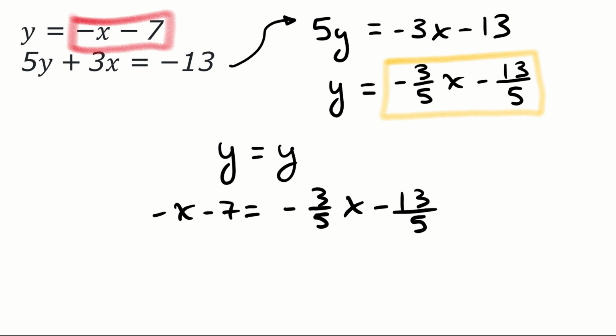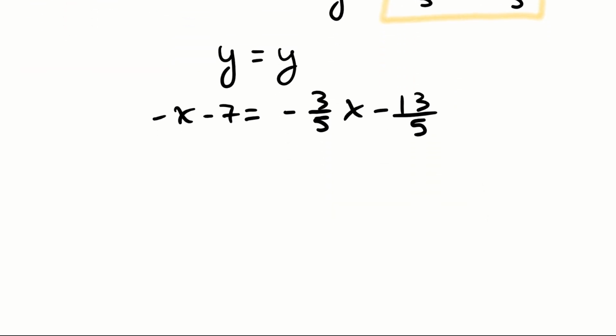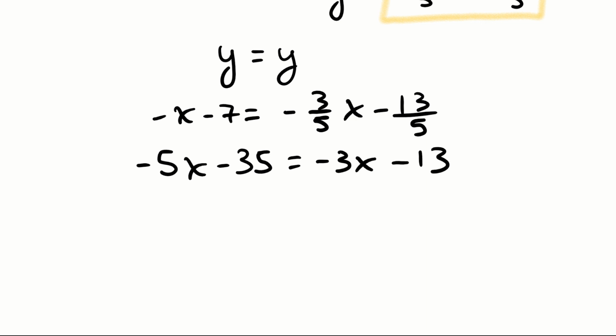So I know that if I multiply this entire equation across by 5, they'll be gone. So I'm going to hit every single term with a factor of 5. So this equation will change to negative 5x minus 35 equals negative 3x minus 13. And I think you can see that's much better to deal with.